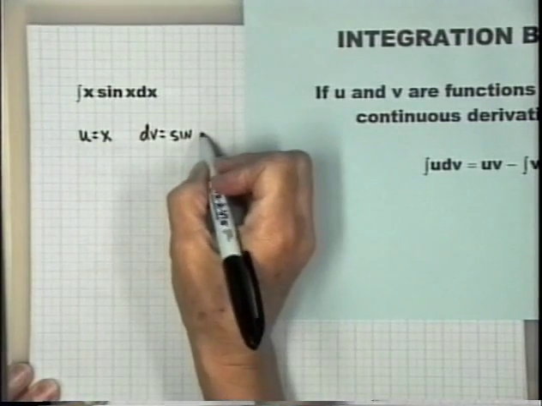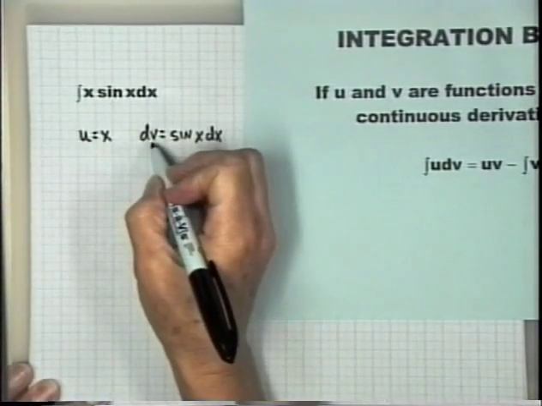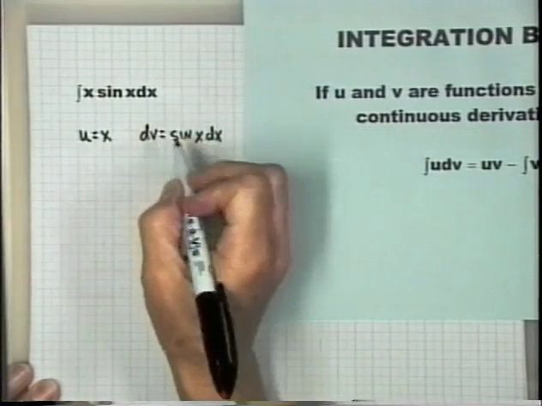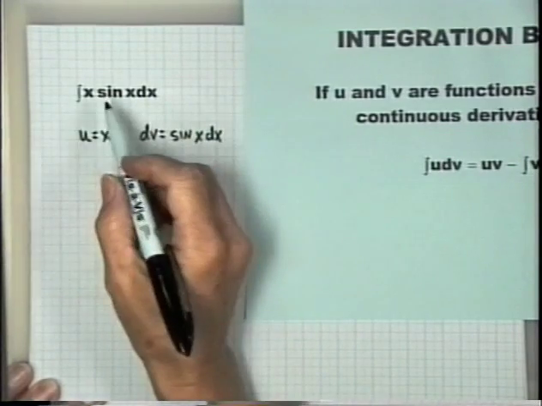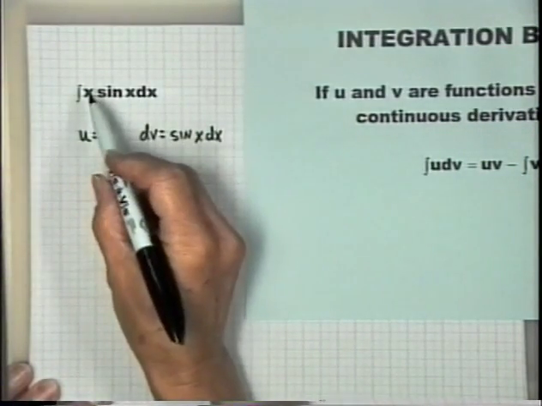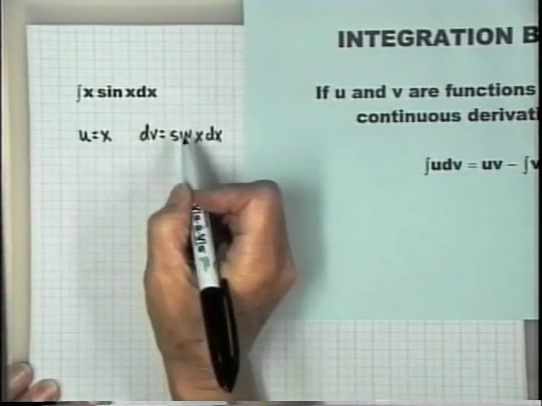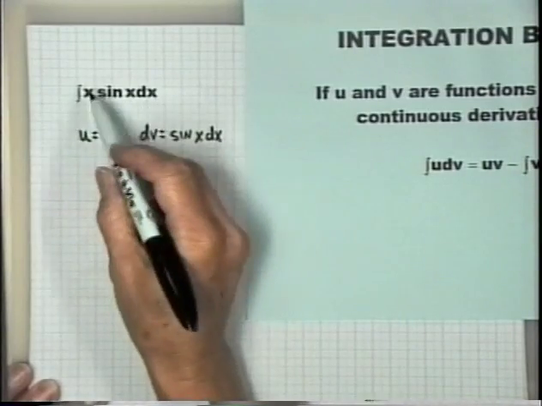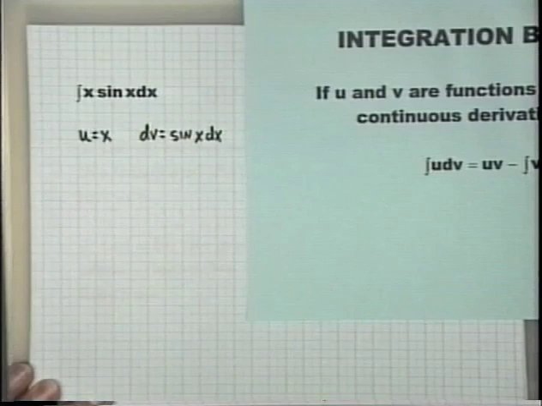Now, a couple of things. The dx will always go with the dv, all right, because we're talking about differentials here. You also have to be sure that you have accounted for everything that's in this integrand up here. I have the x accounted for here. I have the sine x and the dx accounted for here. I have left nothing out. Part of it either went for u or for dv.